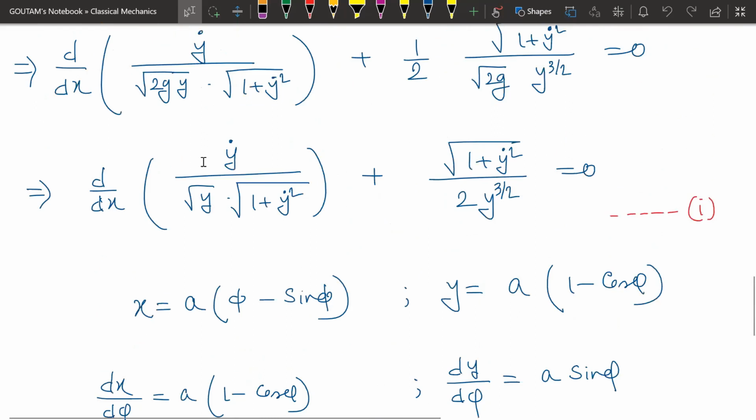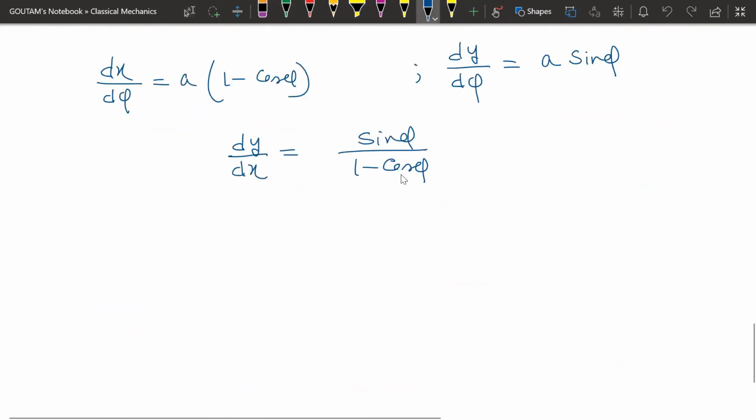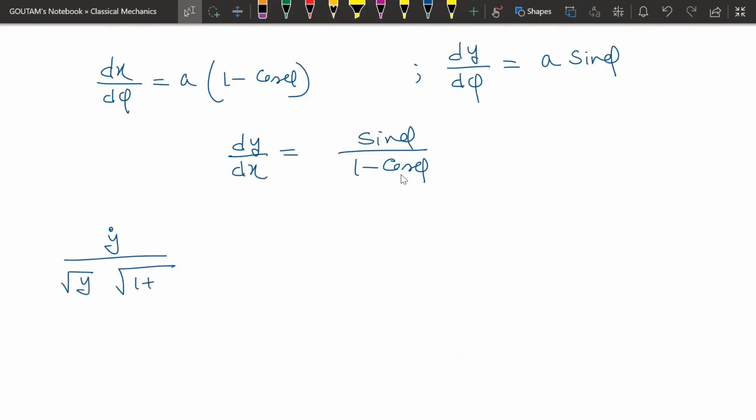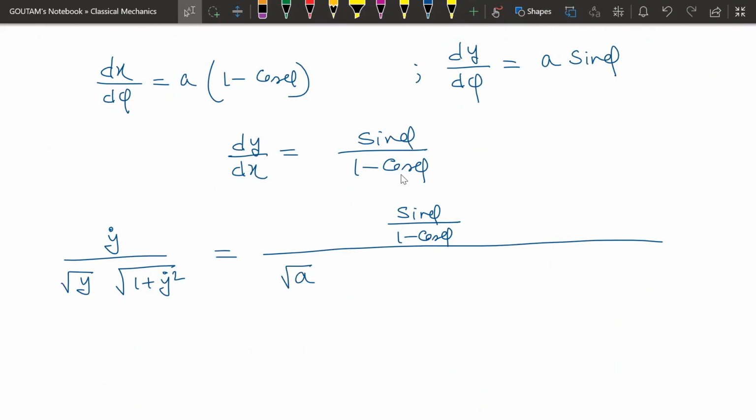So first let's calculate y dot by root under y times root under 1 plus y dot square. It will be sin φ by (1 minus cos φ), divided by root a, root under (1 minus cos φ), times root under (1 plus sin square φ by (1 minus cos φ) square).